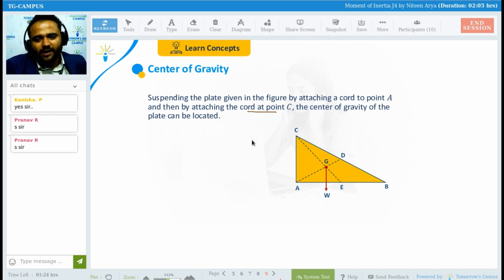If I attach a wire or a cord at this particular point, and this, we get the same point each time, and that particular point is G. At that point G, the weight of this symmetric body is going to be balanced, and that is known as the center of gravity. Is this clear, everyone?